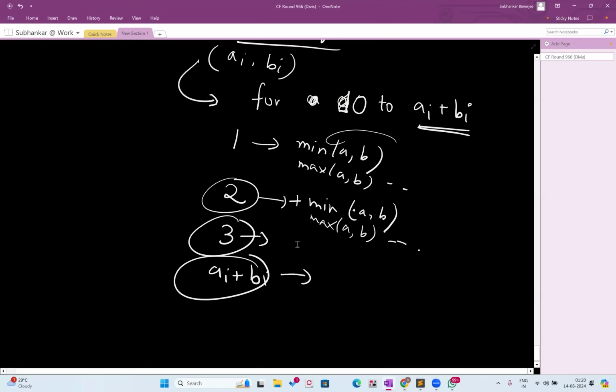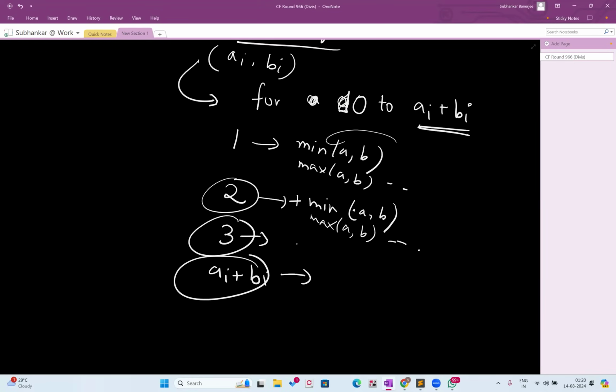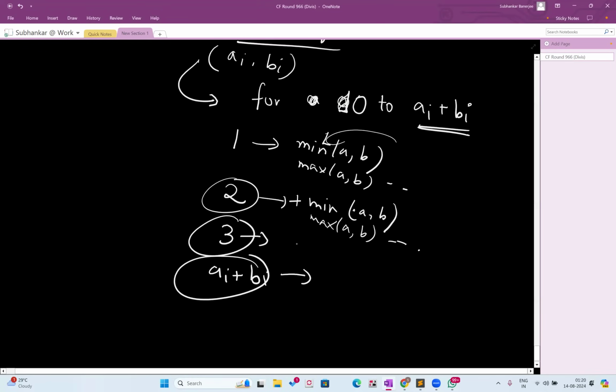No, we are not storing. We'll just calculate it while running. For one score, we need this much cost, right? Yes. And then I will update the maximum among A and B by 1, I'll just reduce it by 1.